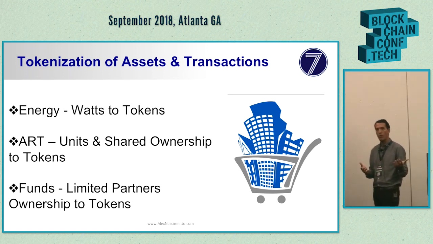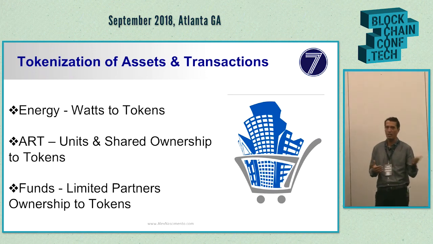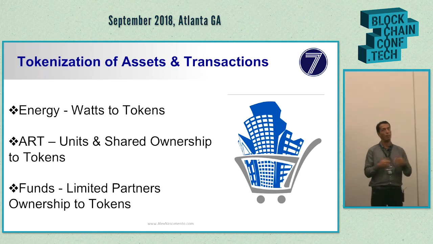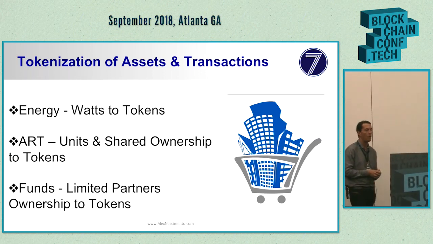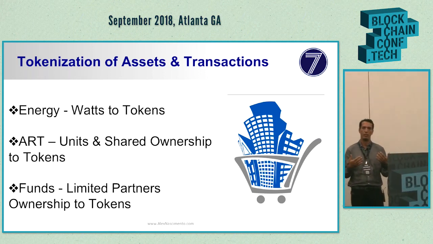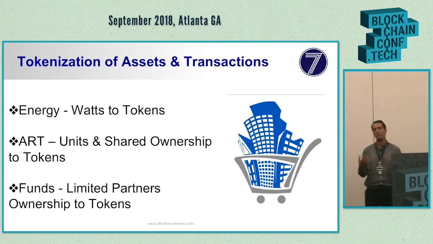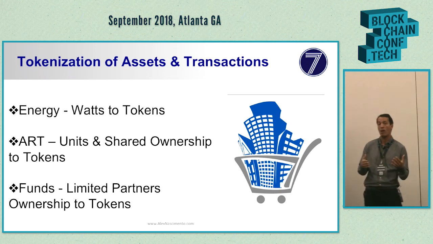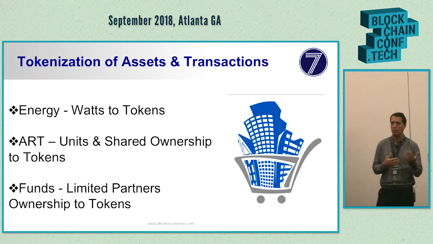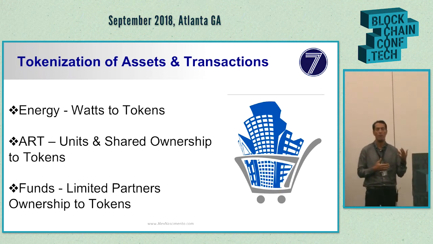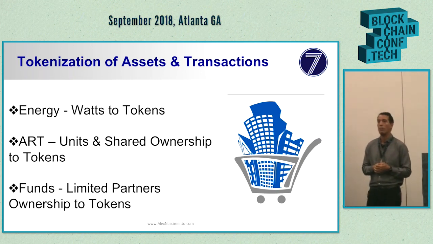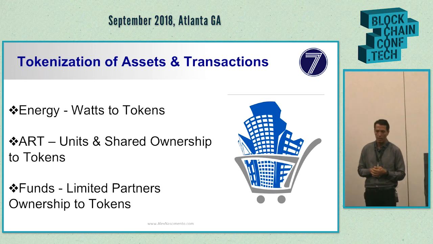Art is another one. I would love to own a Picasso, still working on getting that money, you could own a portion of a great piece of art. And obviously funds, right? That would also be a low-hanging fruit, where you could own a part of a fund. So I'm sure many of you here are familiar with Sequoia, the famous VC company in California.